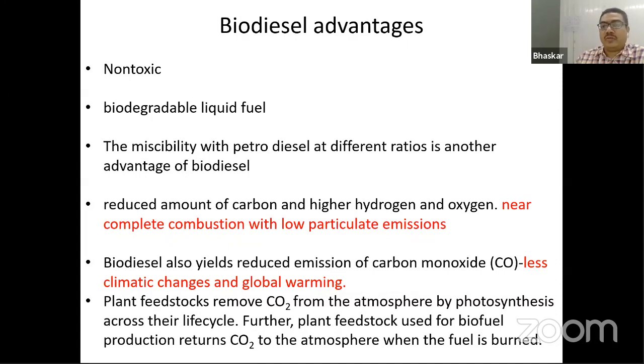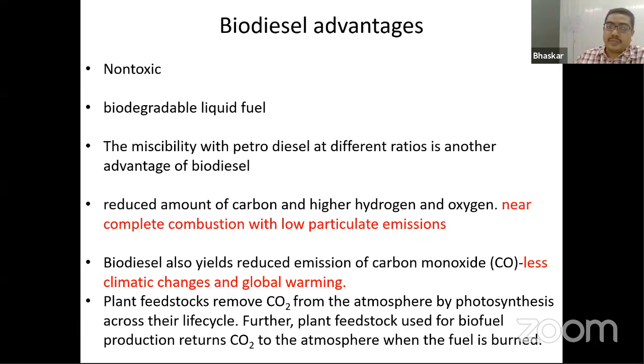Like one will not get any sulfur from biodiesel combustion. One will not get BTX compounds like benzene, toluene, ethyl benzene, or xylene. It is biodegradable. Like we have spillage of crude oil during transportation in the marine ecosystem, if biodiesel gets spilled, it is biodegradable and good for the environment as well.